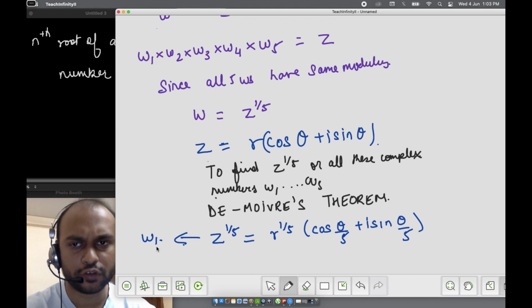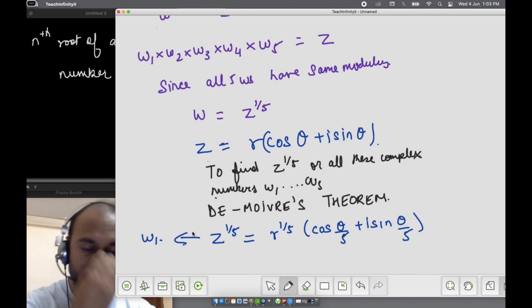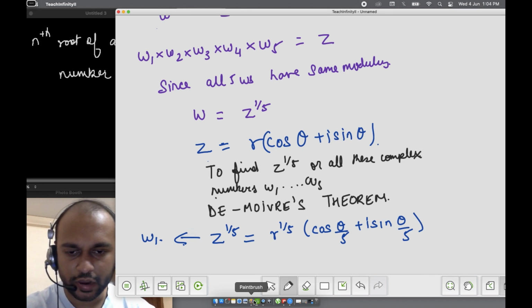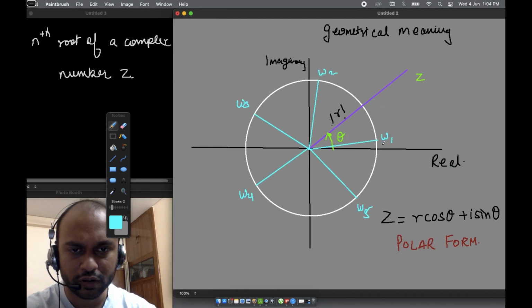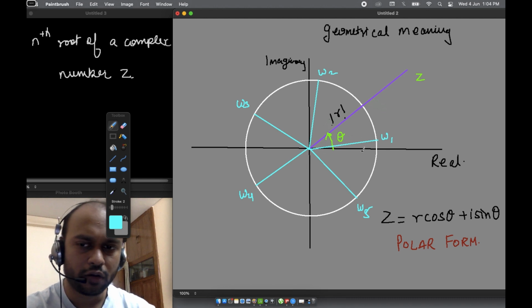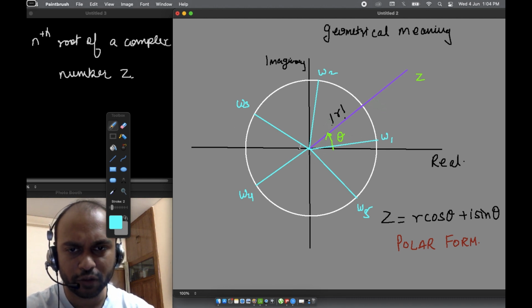This gives you the first root, w1. It is of course going to have a smaller modulus, r to the power 1 by 5. Now we can find all the rest, w2, w3, w4, w5, in the following way.